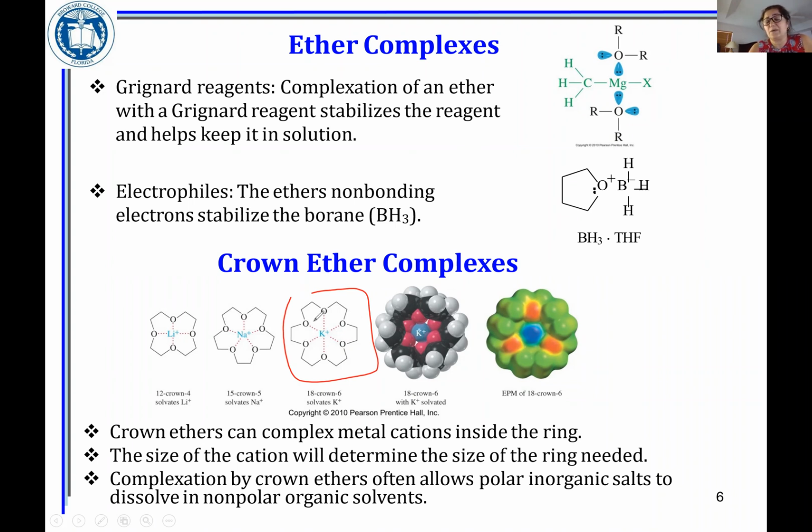With Grignard reagent, remember you always use ether as the solvent, because when the Grignard forms, it is an ionic compound, it needs to be stabilized. So they use crown ether in order to stabilize the Grignard reagent.